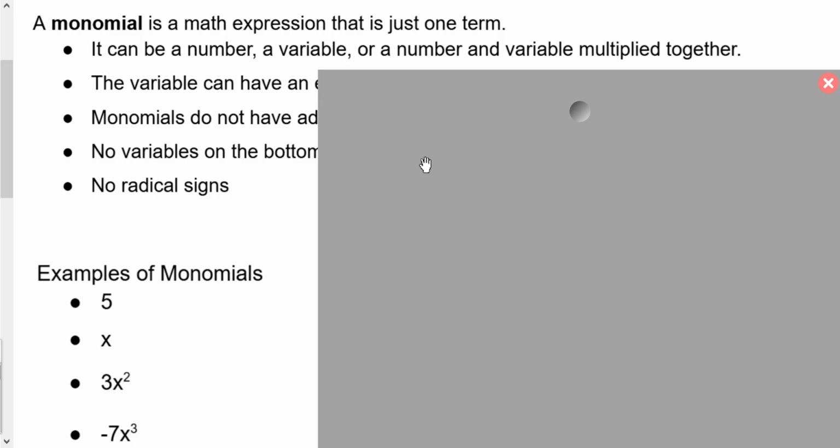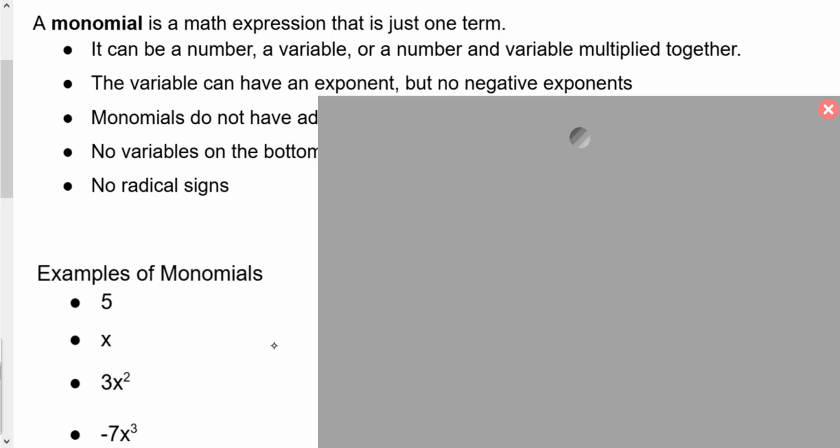That's fine. The variable can have an exponent on it, but here's the one exception. You're not allowed to have a negative exponent. So let's make a big deal about that. Let's put some color on, but no negative exponents.